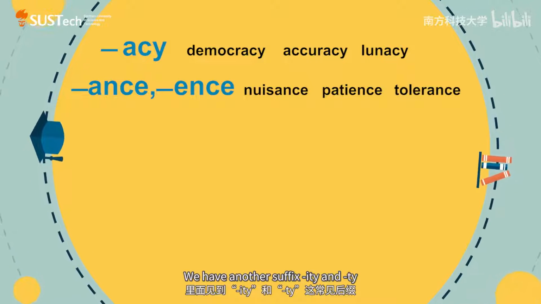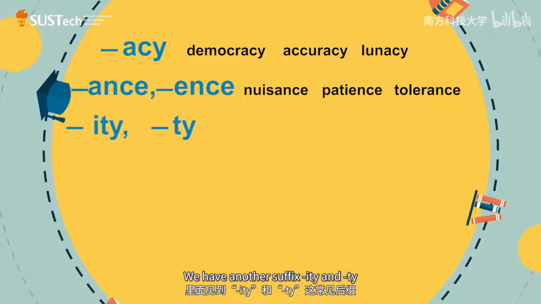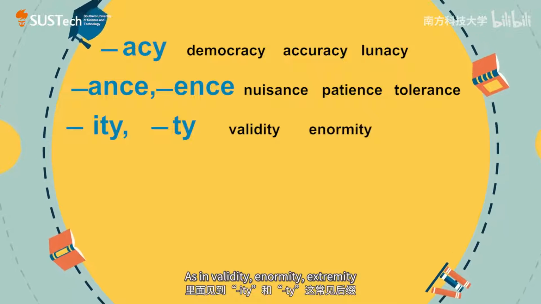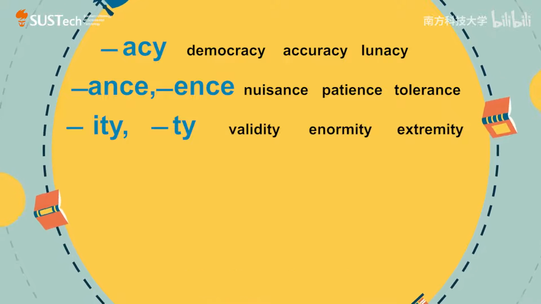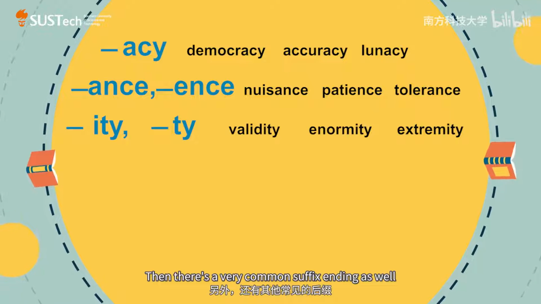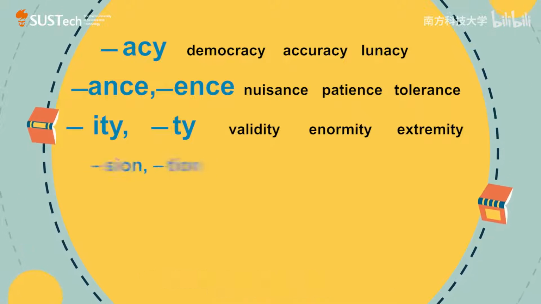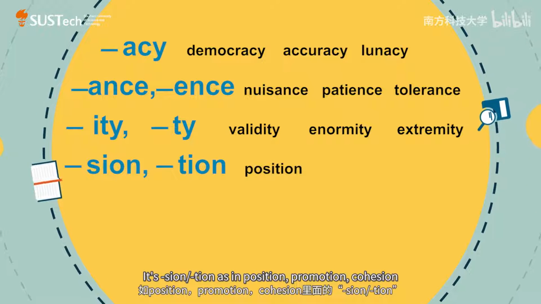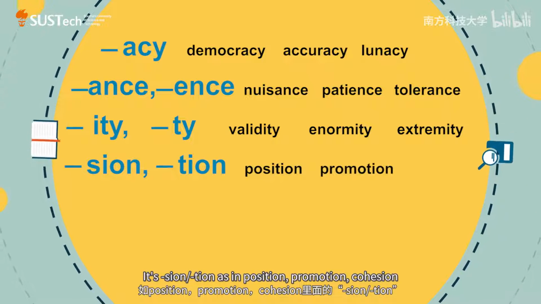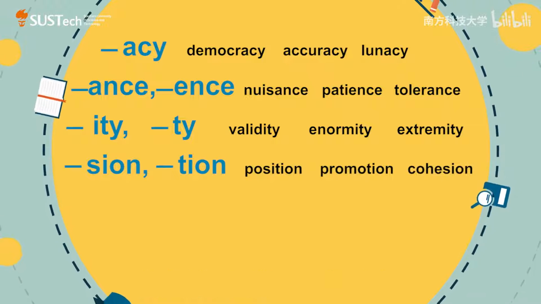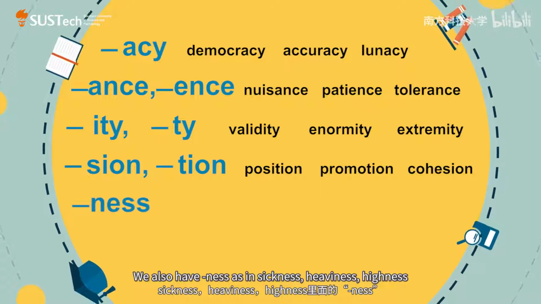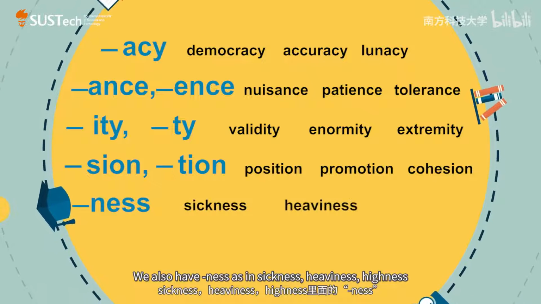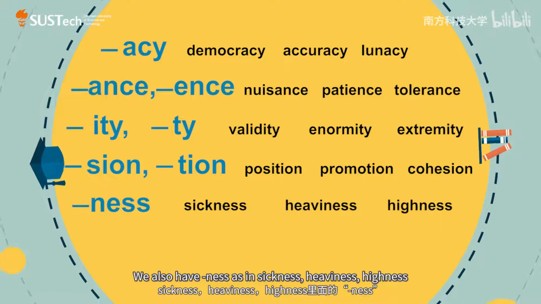We have another suffix, ity and ty, as in validity, enormity, extremity. Then there's a very common suffix ending as well. It's sion, tion, as in position, promotion, cohesion. We also have ness, N-E-S-S, as in sickness, heaviness, highness.